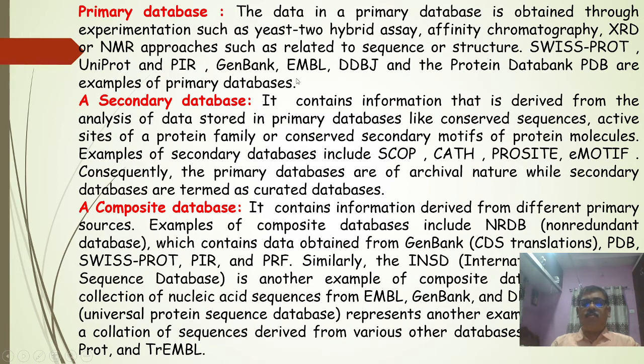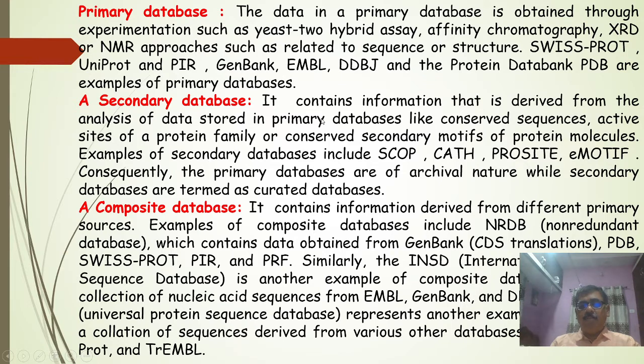These three are the nucleotide databases, and Swiss-Prot, UniProt, and PIR are the protein databases, and the Protein Data Bank, PDB, is also a protein database. These are the examples of the primary database.